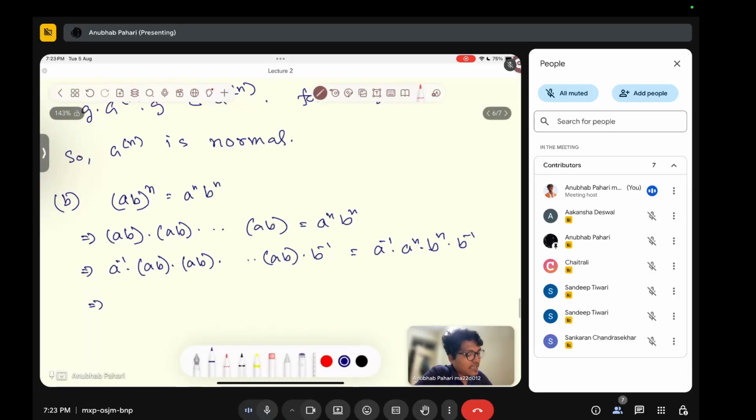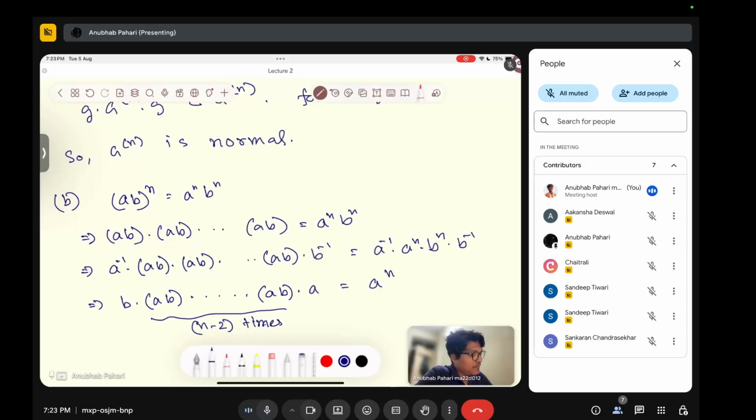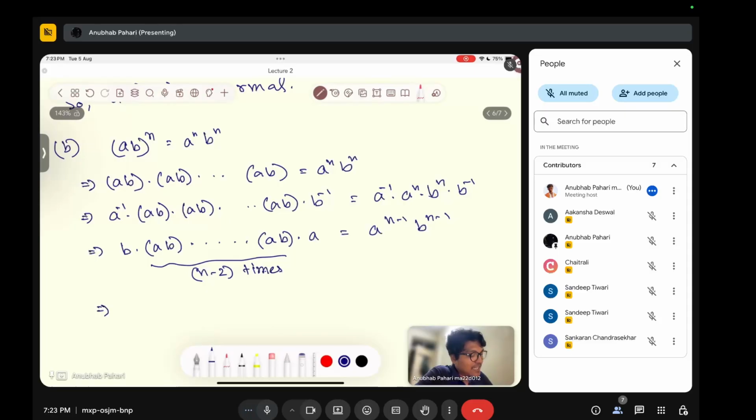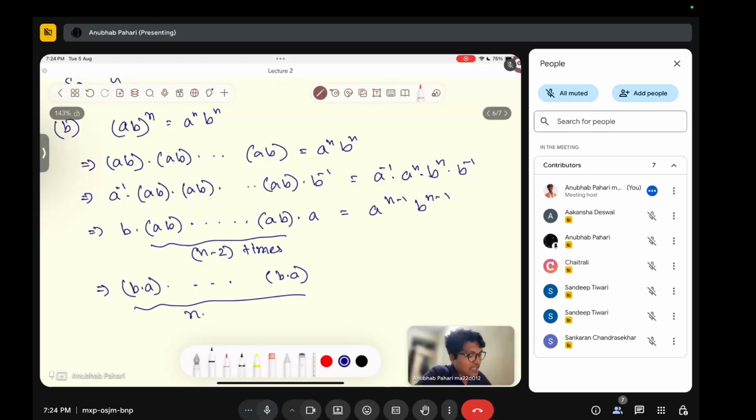So what we have done is that b times (ab dot ab dot a), where this runs for n minus 2 times, equals a^(n-1) b^(n-1). But you see that it can be rewritten as b dot a up to n minus 1 times, right?